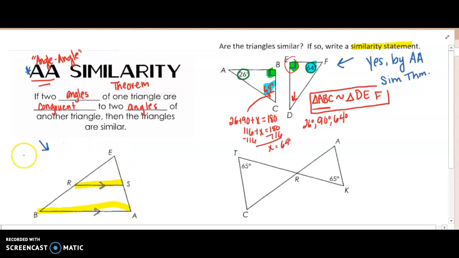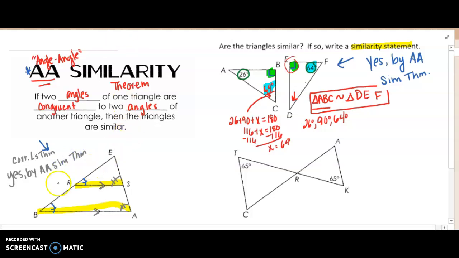And remember, by the corresponding angles theorem, that means this angle here and this angle here are the same, and also that means this angle and this angle are the same. Because of that, I can say yes, the triangles are similar by the angle similarity theorem.